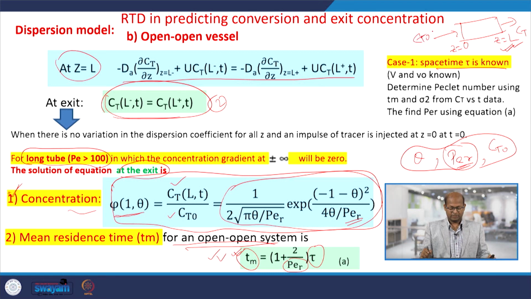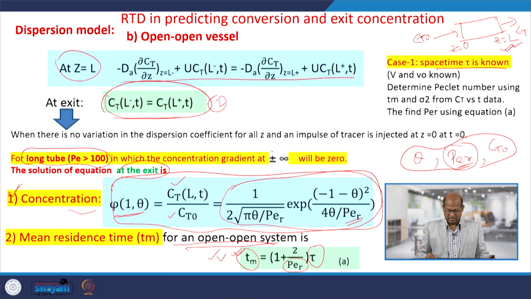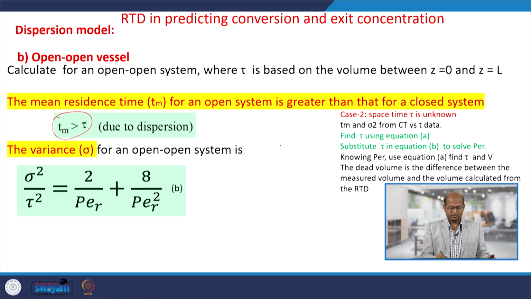Here is another case, when Tm is greater than tau. Tm is the mean time, and tau is the space time.